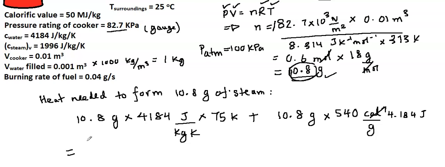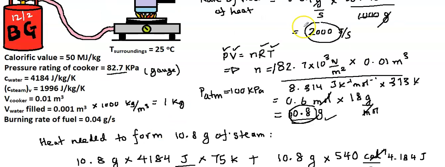Please calculate along. Times 75 plus 10.8 times 540 times 4.184. Okay, so that's coming out to be around 27,790 joules.